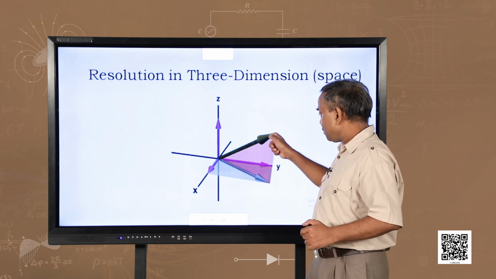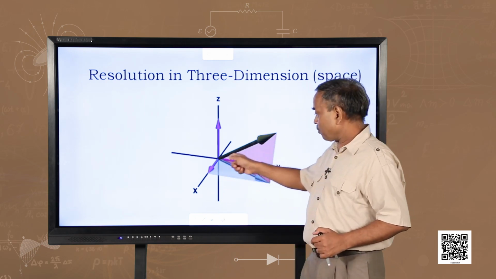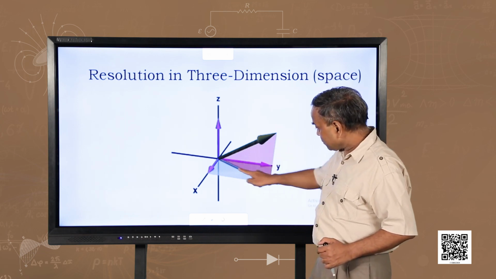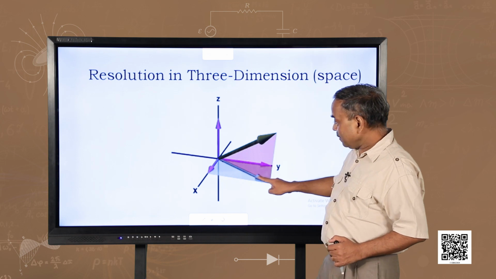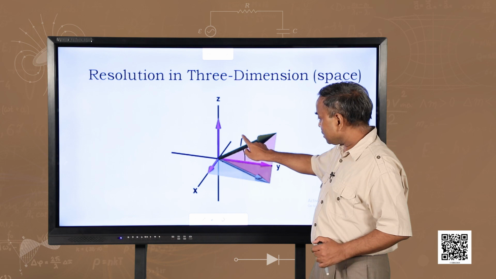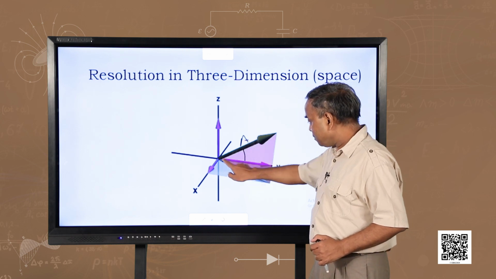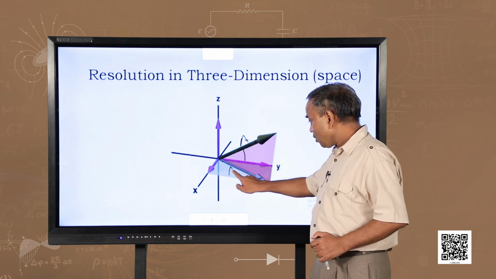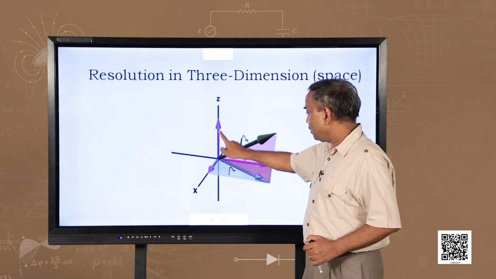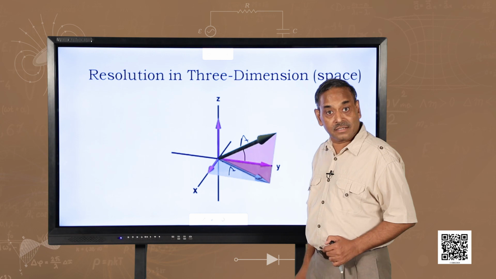Now, this is the vector shown by the green arrow. Its projection in the x-y plane is this. Suppose this angle is theta and its magnitude is A. Then this will be my A cos theta, and this blue one will be my A sin theta.